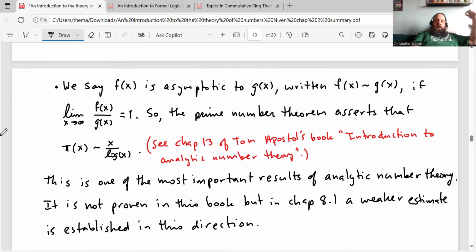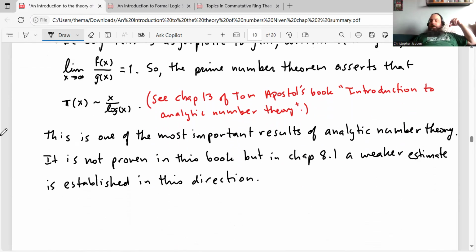Now, they don't prove the prime number theorem in the book here, Introduction to the Theory of Numbers, but it's one of the most important results in analytic number theory. And if you're curious, this is a book that we will be doing on the channel at some point. Let me just stop the screen share for a second.